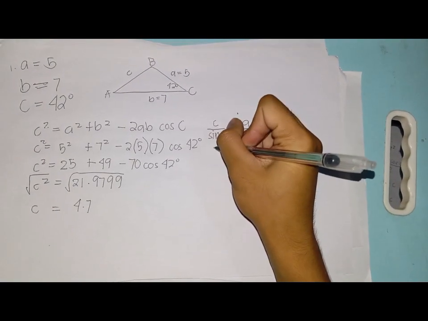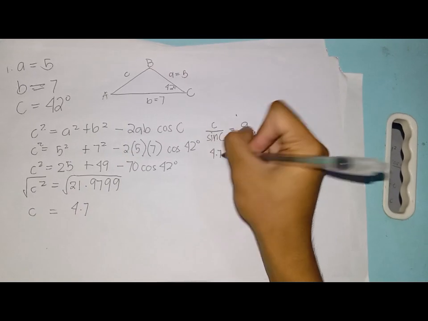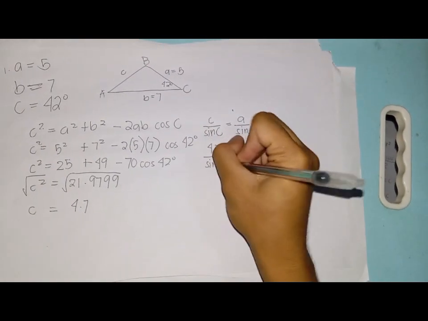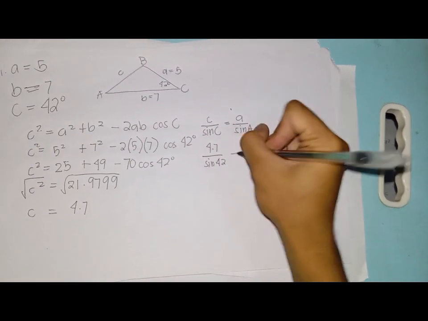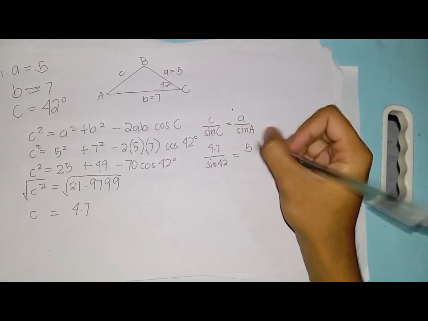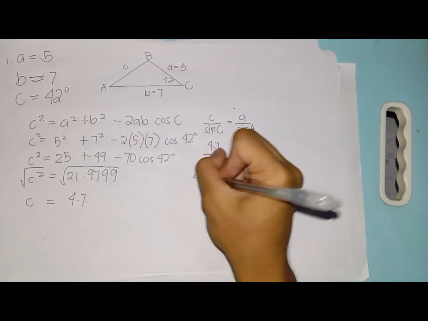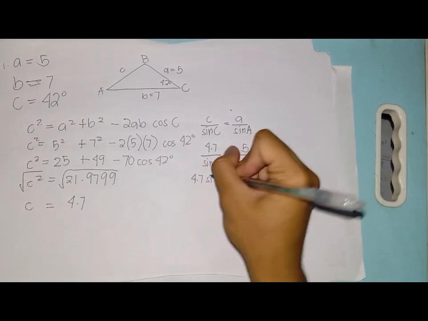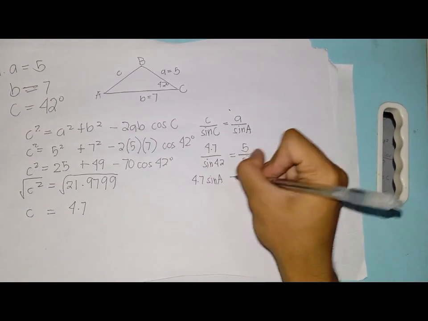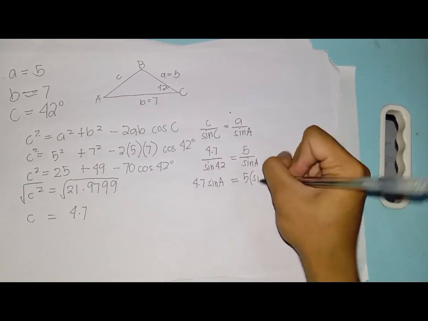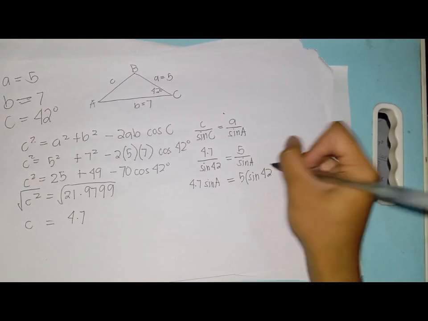Substituting the values, we have 4.7 over sine 42 is equal to 5 over sine A. Then by cross multiplication, we have 4.7 sine A is equal to 5 times sine 42.